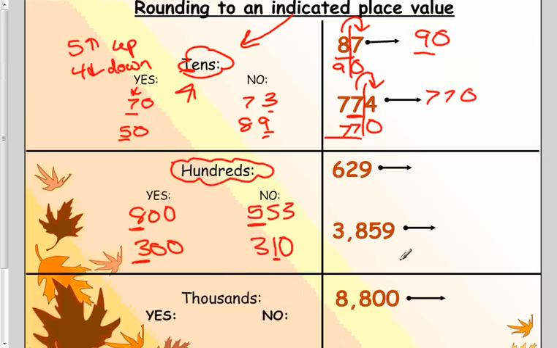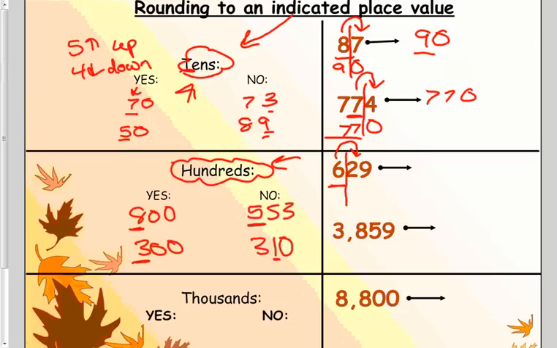All right, we're going to use the exact same strategy as we did for the tens place, but now we're rounding to the hundreds place. So instead of underlining the tens place, I will of course underline the hundreds place. Everything else follows suit as it did before. All right, so in 629, 6 is the number in the hundreds place. We're going to draw our fence afterwards, and the 6 is going to peek over.